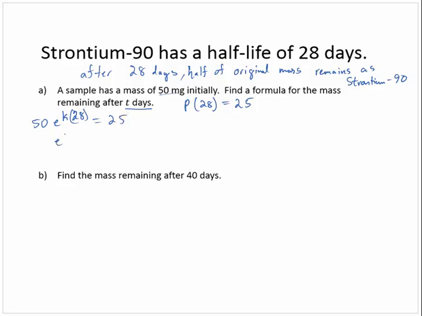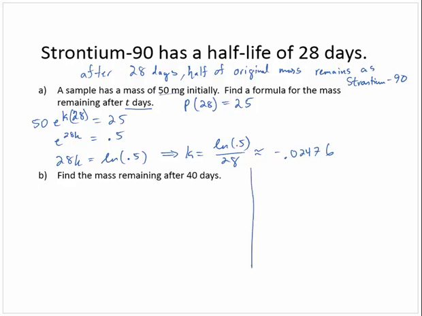Dividing through by 50, e to the 28k is 1/2, exactly 0.5. Natural log, so 28k is equal to the natural log of 0.5, and so then k is the natural log of 0.5 over 28, which is approximately negative 0.0247.